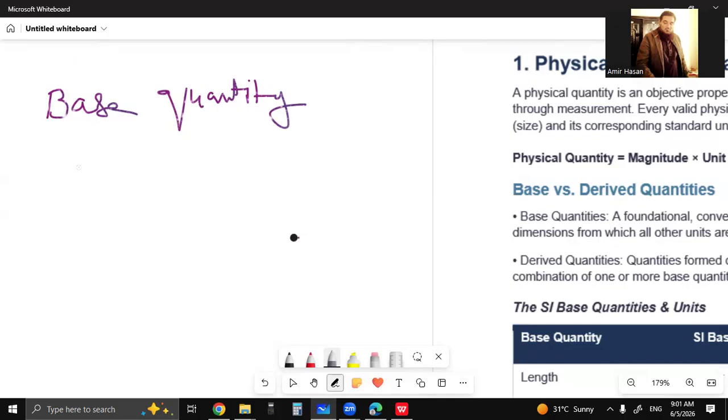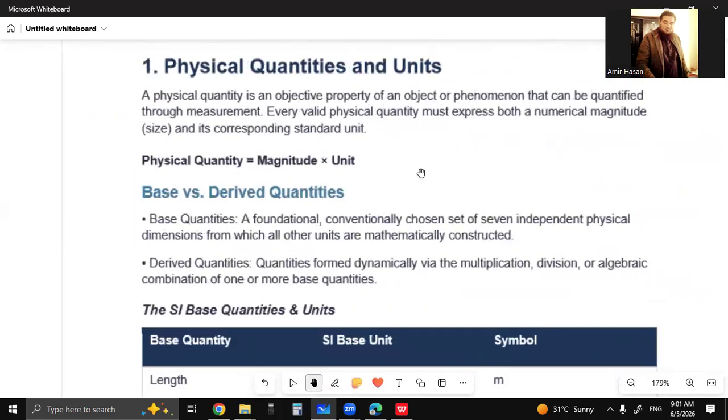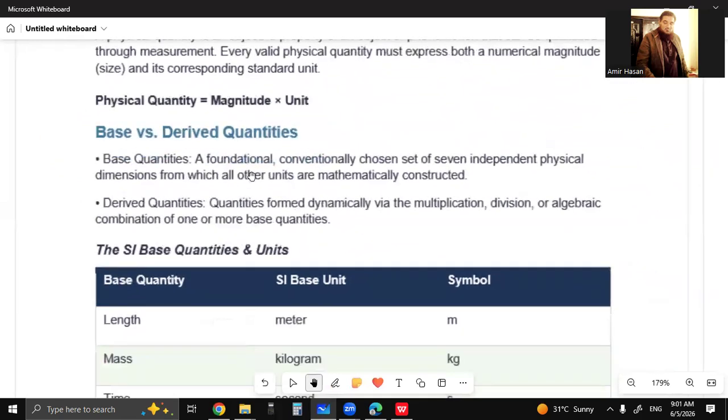But what are derived quantities? Derived quantities are those quantities which we cannot represent without the base. Base helps to represent the derived. It means physical quantities are of two types: base quantity and derived quantity. Base quantities are foundational. Here I show in my notes a conventionally chosen set of seven independent physical dimensions from which all other units are mathematically constructed.